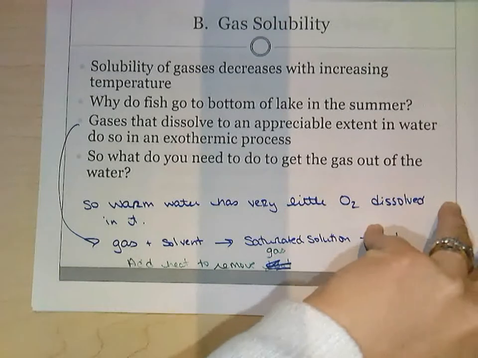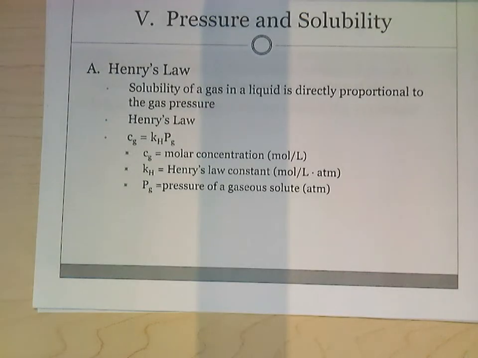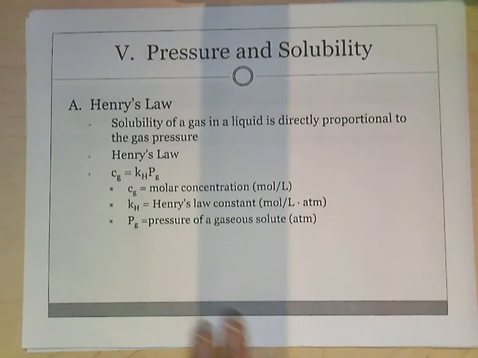So temperature can affect it, but we can also look at how pressure affects solubility of gases. There is a mathematical equation that helps us determine how much gas can be dissolved in a liquid, and it is directly proportional to gas pressure.